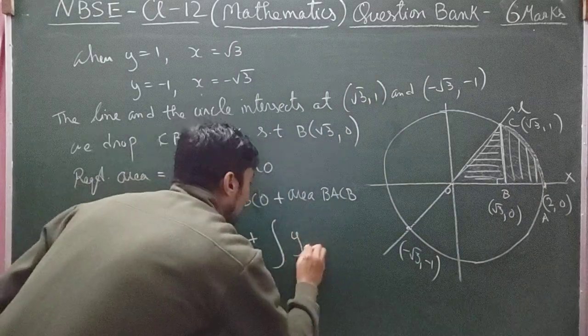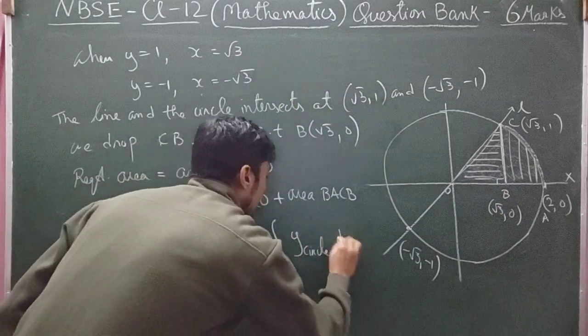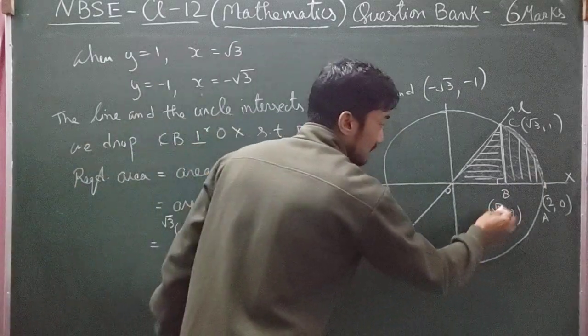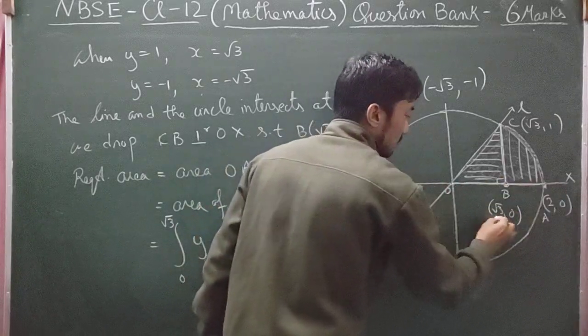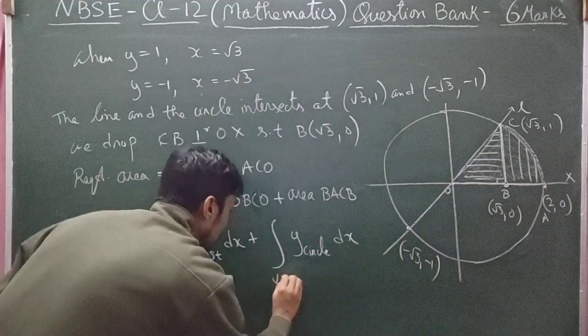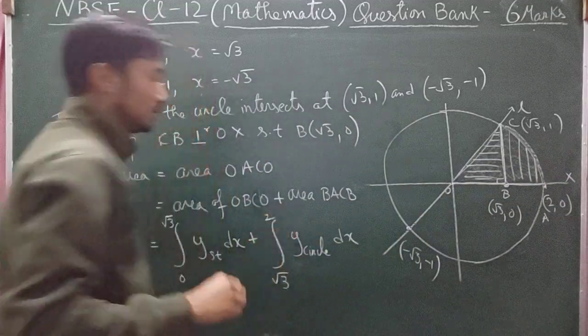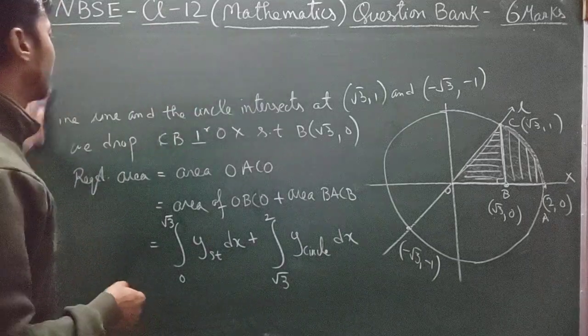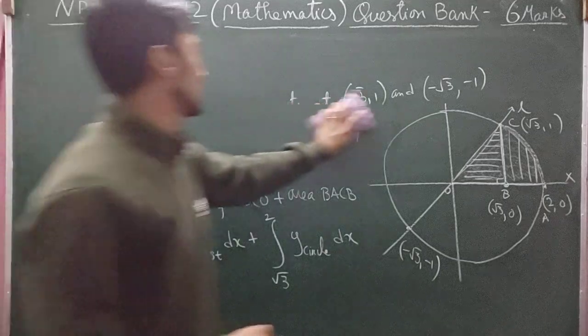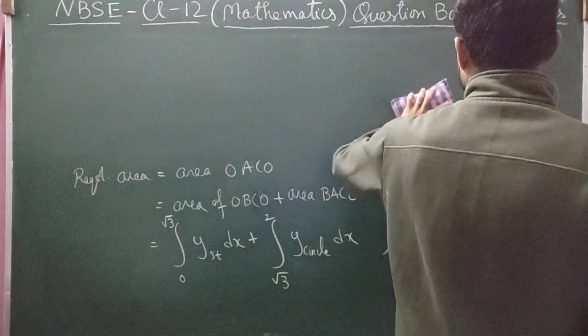That is y bounded by the circle with respect to x. Now here the limit starts from here. The first one was 0 to b, next will be b to a, that is root 3 to 2. Now our job is to integrate this by taking out the functions.